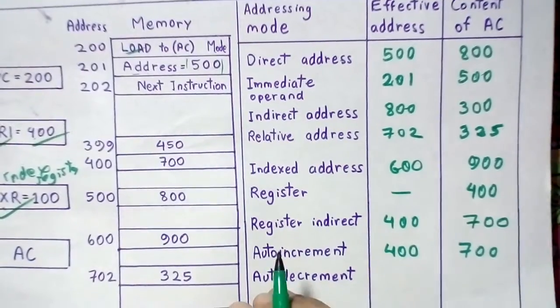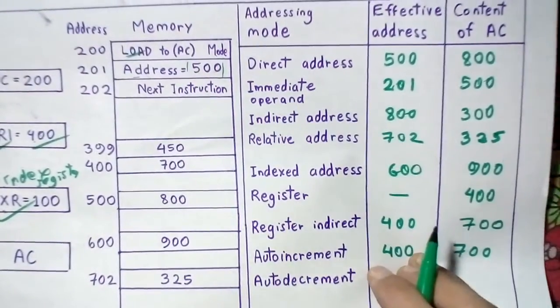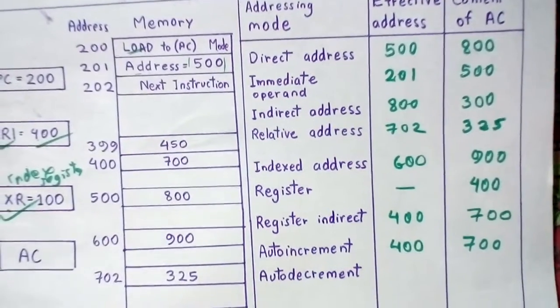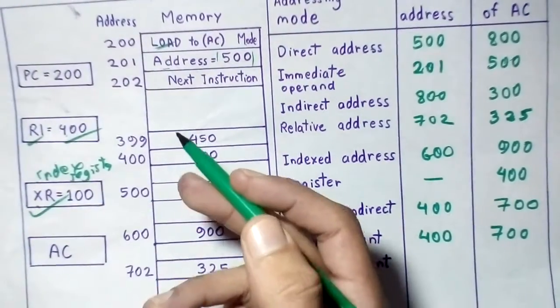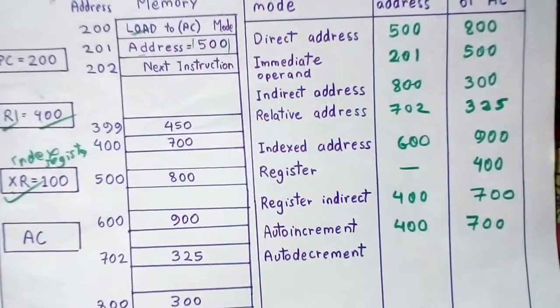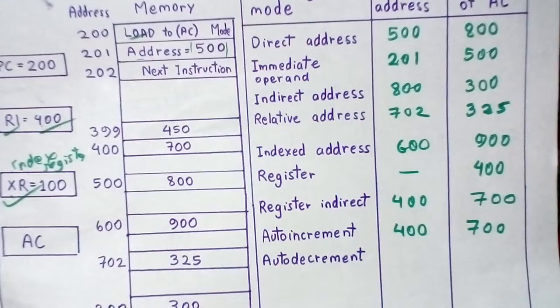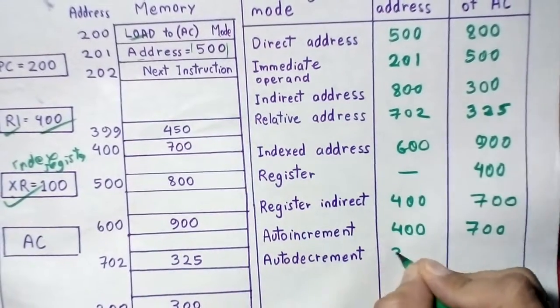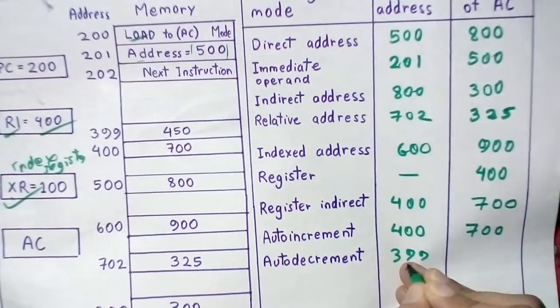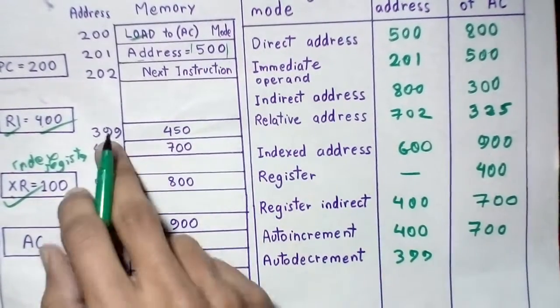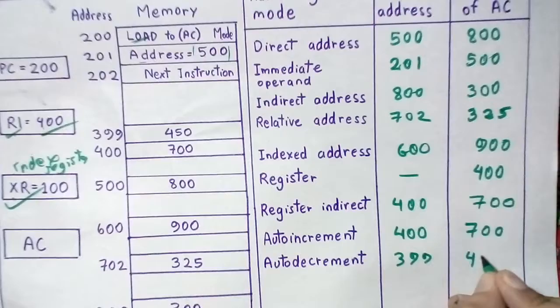After doing this, it increments the value of R1. 400 will become 401. Then what is auto decrement? In auto decrement, first we decrement the value of R1, which means 400 will become 399, and now 399 will be the address of the operand, and the value is 450.